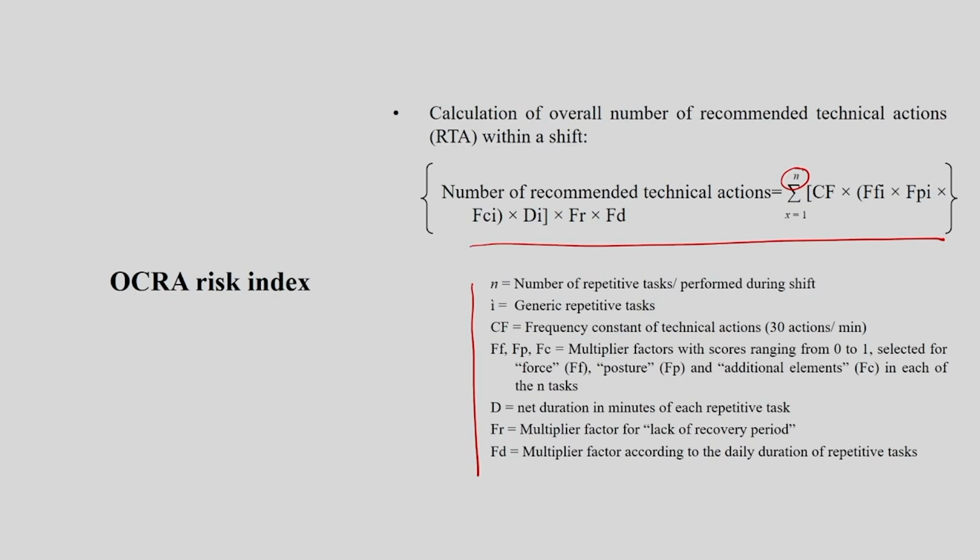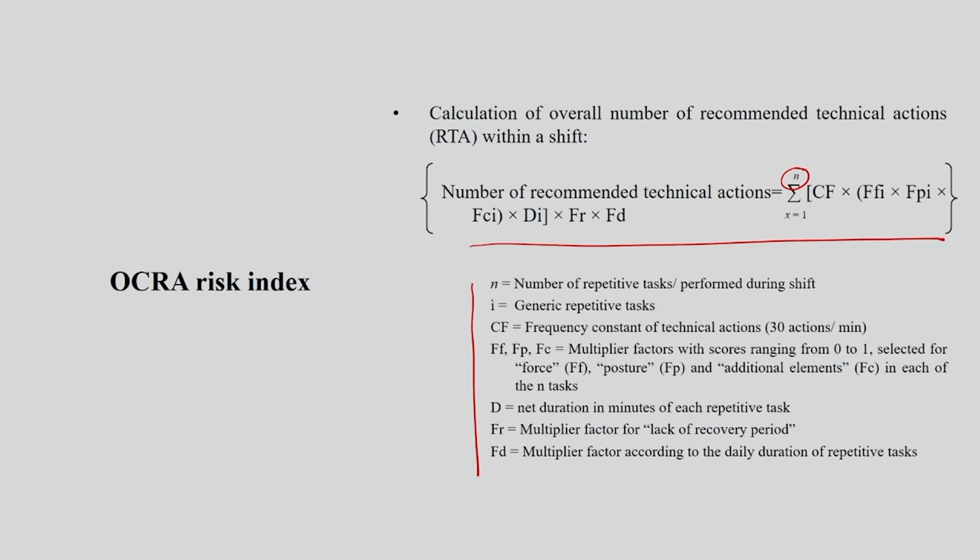If you are getting recovery well, definitely your risk for musculoskeletal injury is less. But if you are not getting a recovery period, then small amounts of trauma get accumulated, and that trauma will cause disorder or discomfort in the long run. FD is the multiplier factor according to the daily duration of repetitive task.